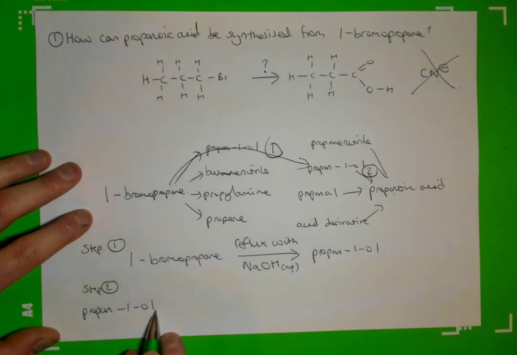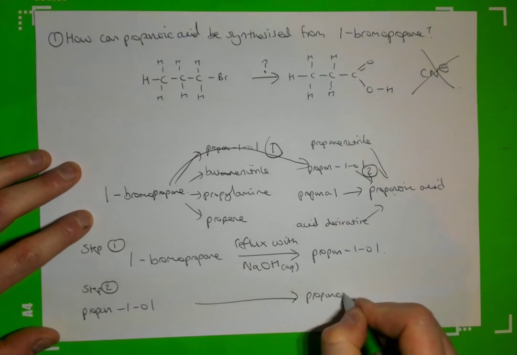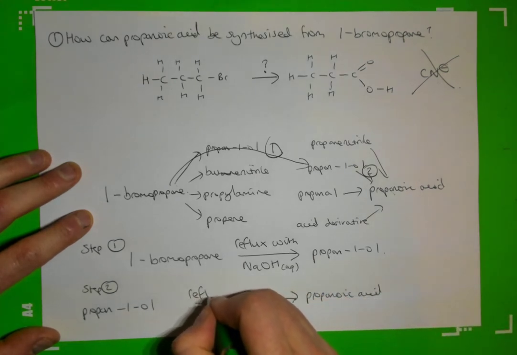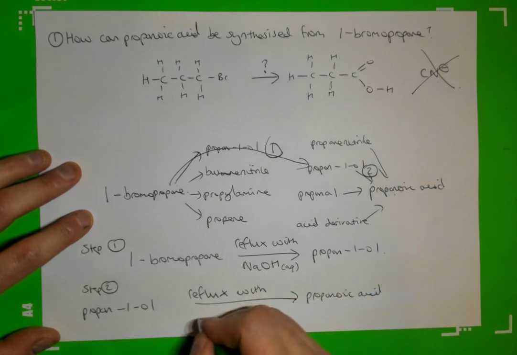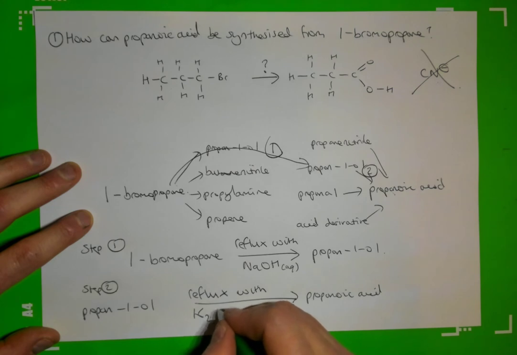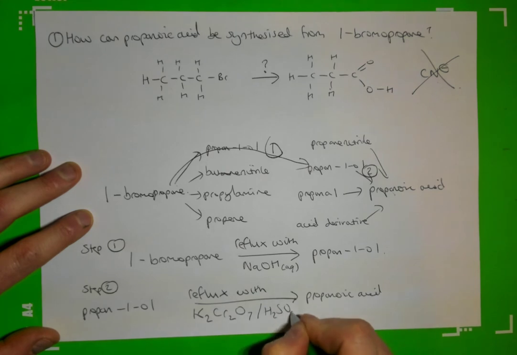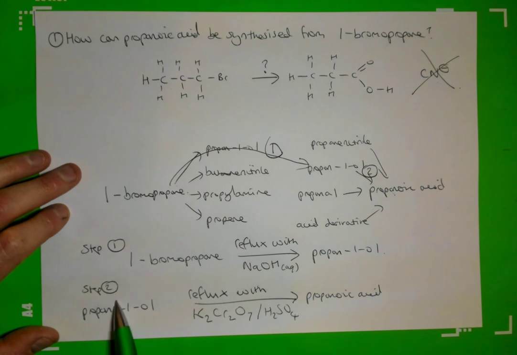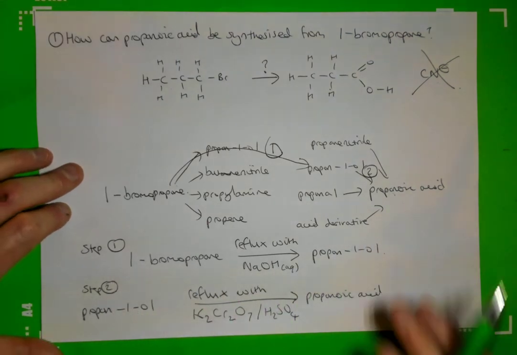And the propan-1-ol can be oxidized to propanoic acid using these conditions and reagents. So there's an example of a two-step synthesis. Let's have a look at another one now, a three-step one.